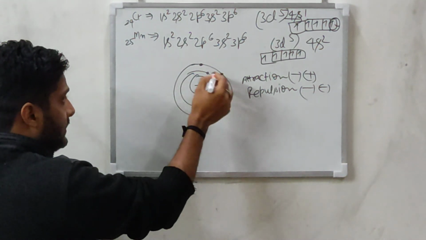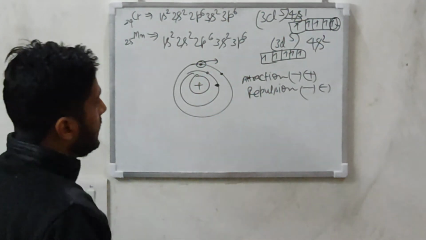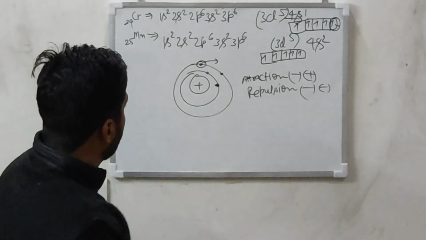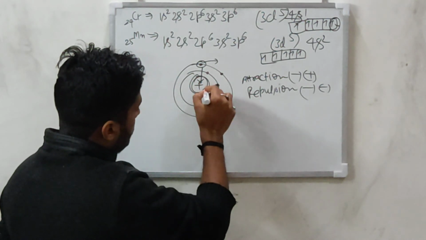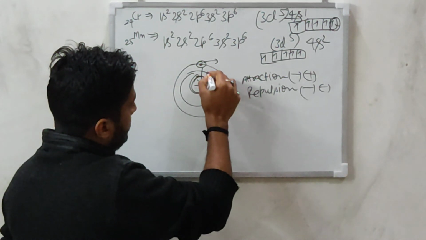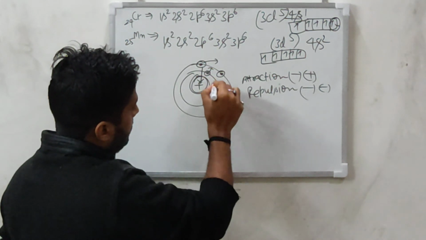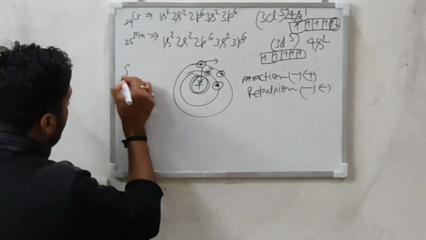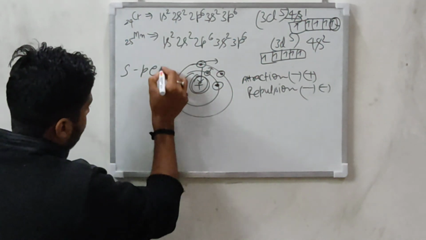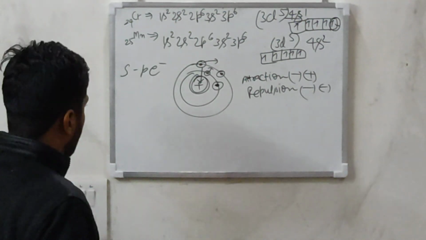So this particular electron feels two kinds of force: one is attraction due to the positively charged nucleus, and the other is repulsion because of these other electrons.